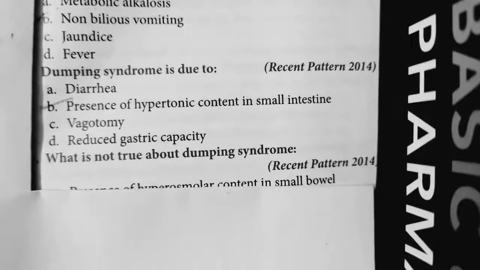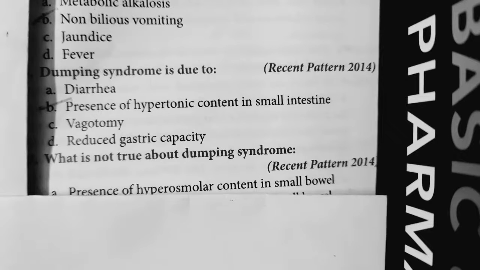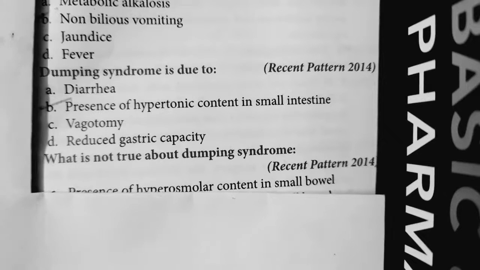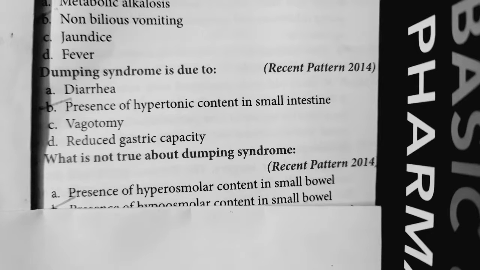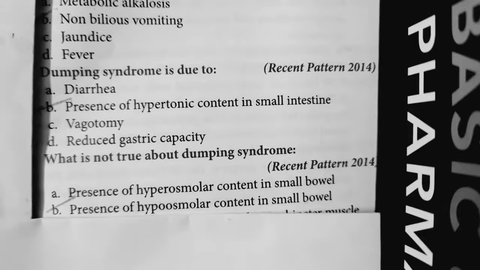Then question number 6. Which of the following is false about dumping syndrome? We will see each option. Presence of hyperosmolar content in the small bowel is true, right? That is the reason why there is dumping syndrome.